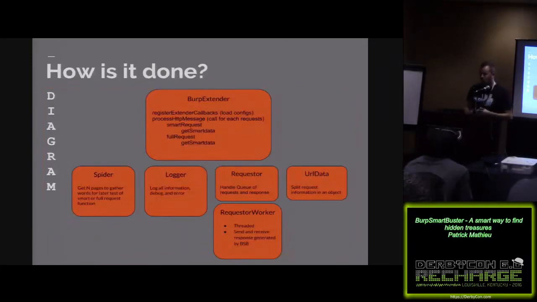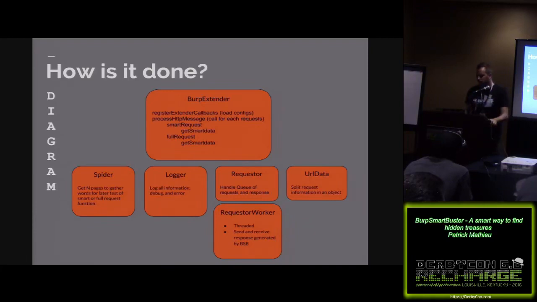If we look at how things are done inside the code, the Burp extender is the class that you extend to gather requests from Burp in Python, or Java if you have code in Java. At first you have a function which is registerExtenderCallbacks, and each time there's a request, this code will execute.